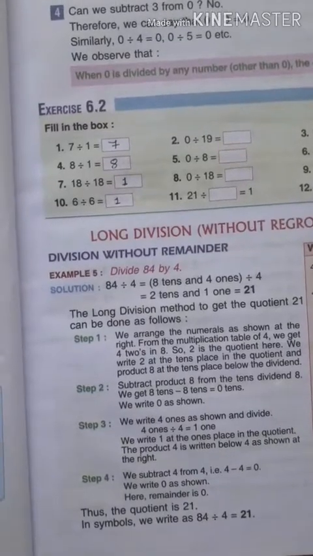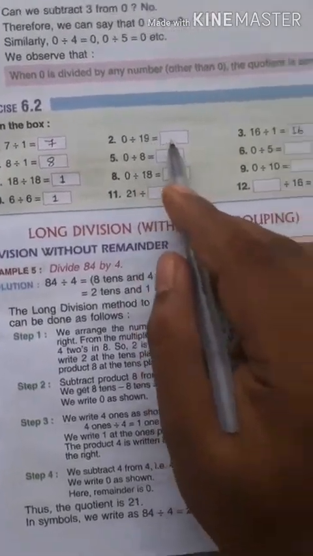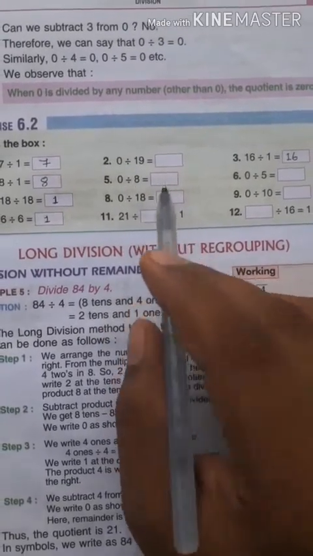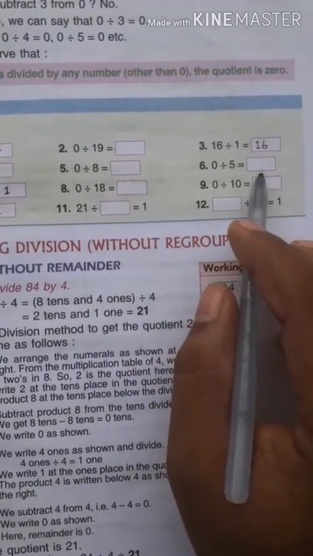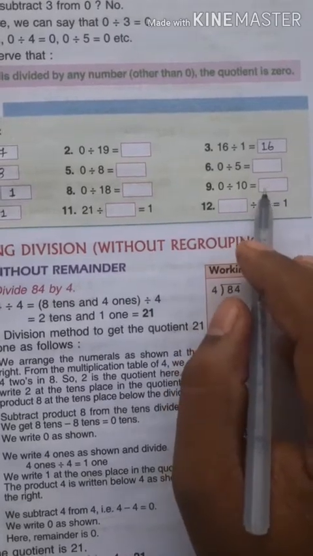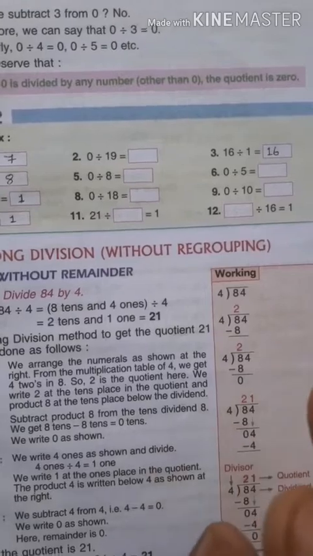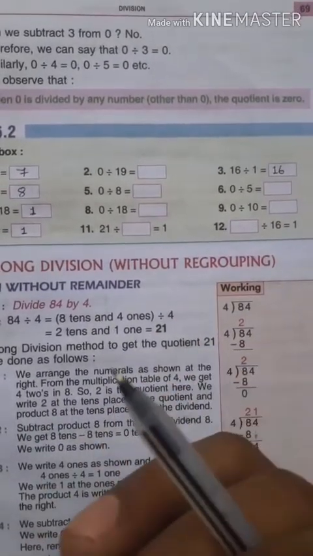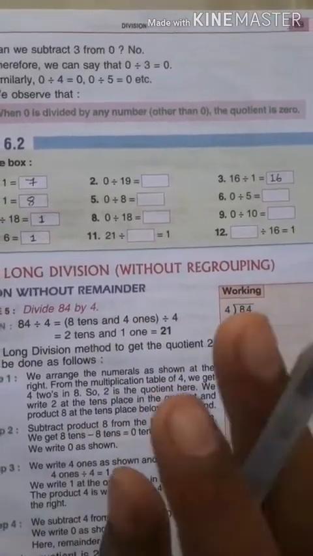Example, 0 divided by 10 is equal to 0. 0 divided by 19 is equal to 0, or 0 divided by 8 is equal to 0. 0 divided by 18 is 0. 0 divided by 5 is 0. 0 divided by 1000 is 0. Understood?